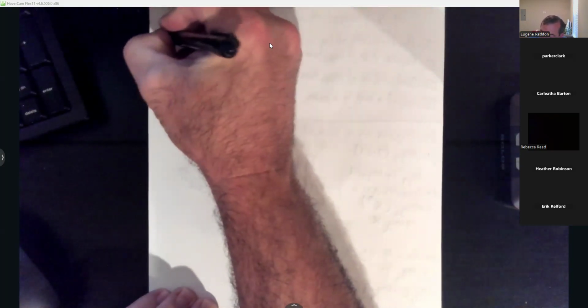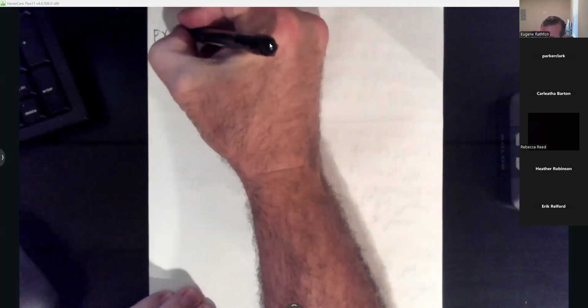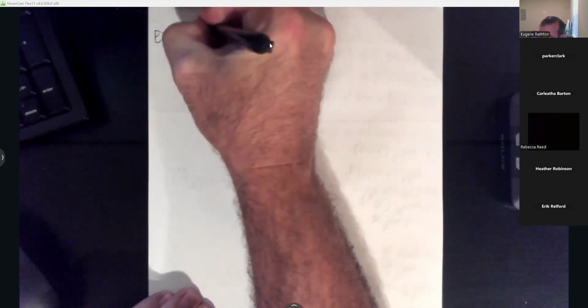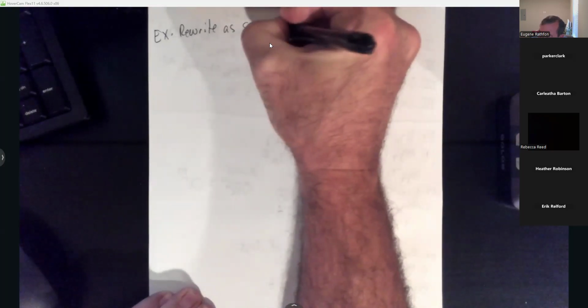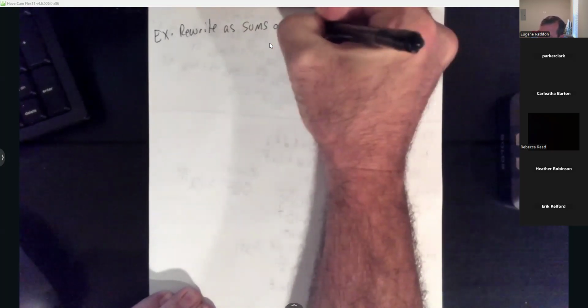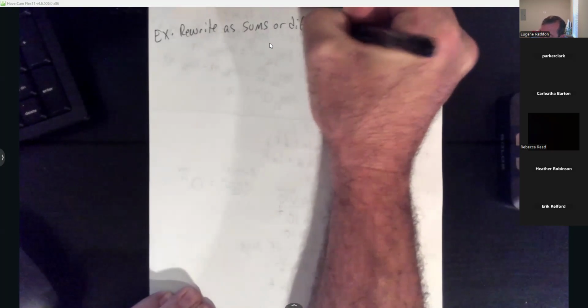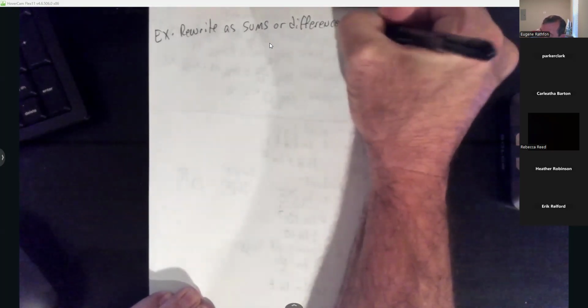All right, so these examples are going to say rewrite as sums or differences of logs.